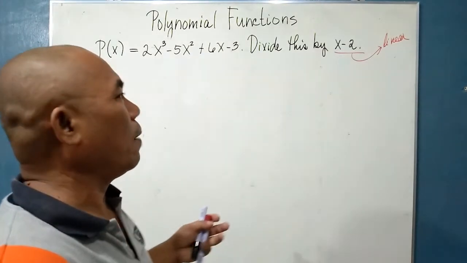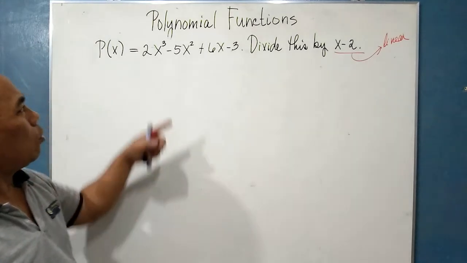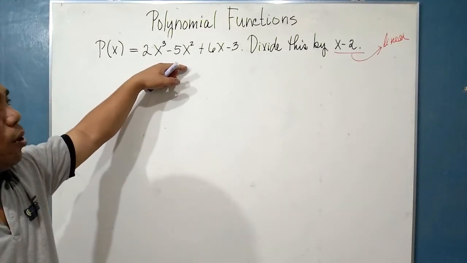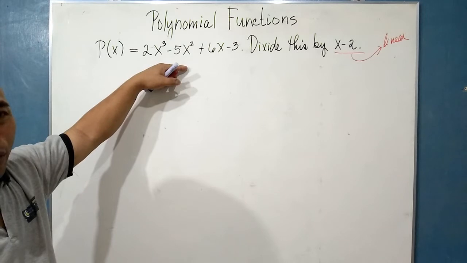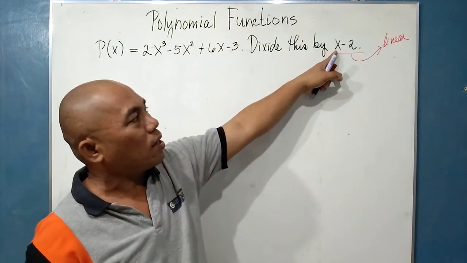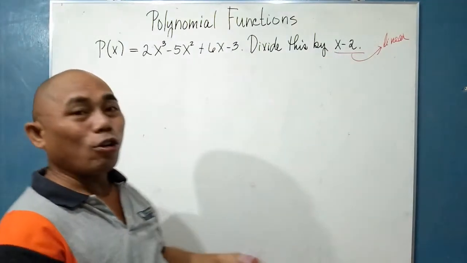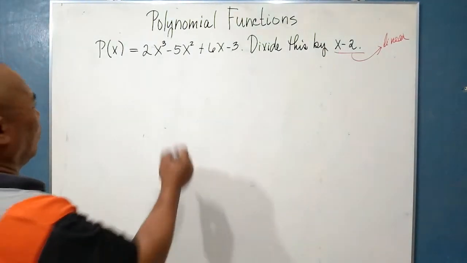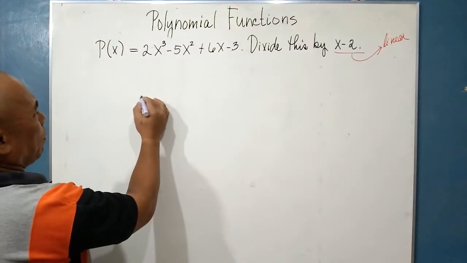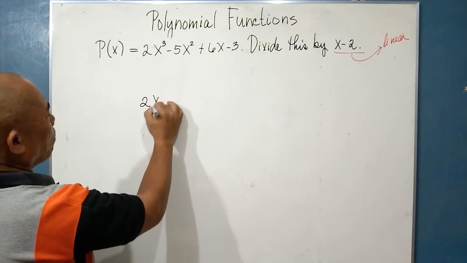Atong ipakita kung unsay mahitabo kung atong applyan sa long division method. Unya kato dayong ato ning i-equate sa 0 o pulian ang x by 2. Tanaw na to unsay resulta. So usaon na to ni pag-apply ang longhand method. So ingon ani ra gihapon, no?